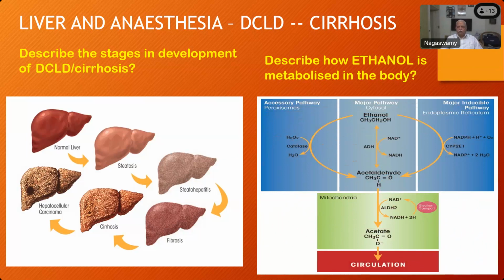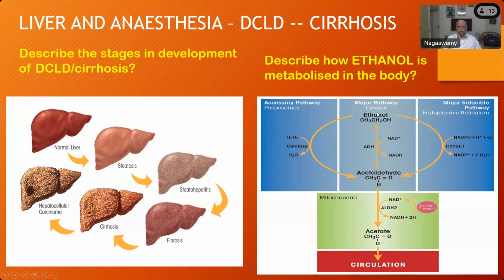So the answer is this. There are three pathways for metabolism of alcohol in the body. One is called the major pathway. This is happening in the hepatocytes. Alcohol is metabolized in our liver cells, and the major pathway happens in the cytoplasm of every hepatocyte.